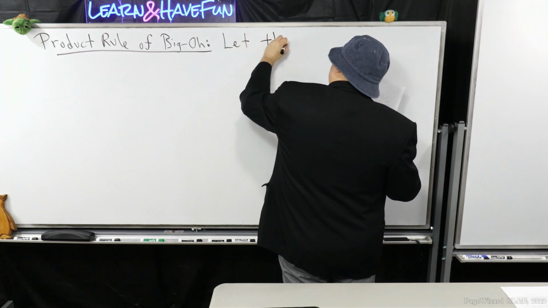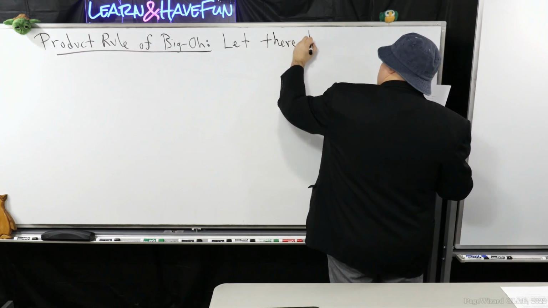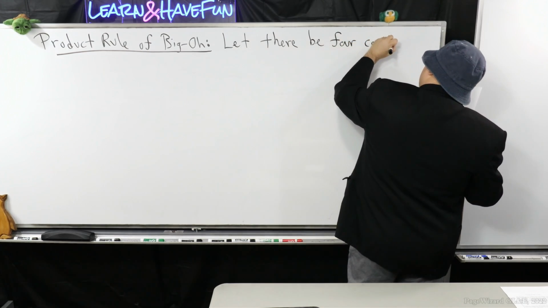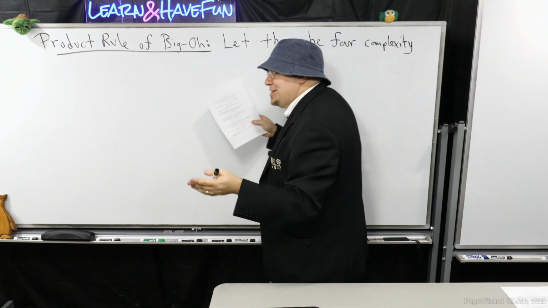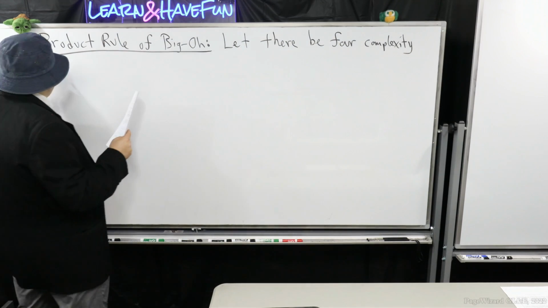There's going to be 4 complexity functions, 4 arbitrary ones. Let there be 4 complexity functions. So again, you could think of these like an n, an n squared, an n cubed, a log base 2 of n, 2 to the n, whatever you'd like.